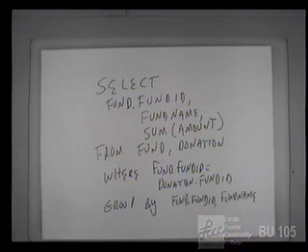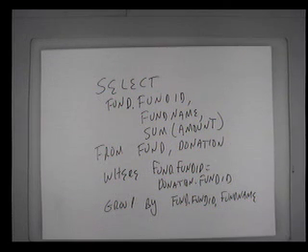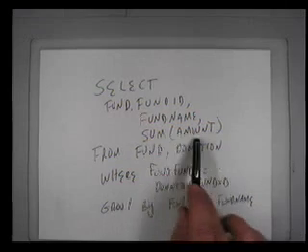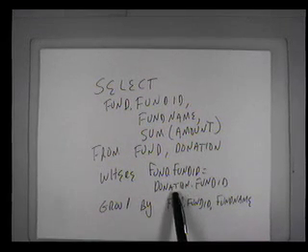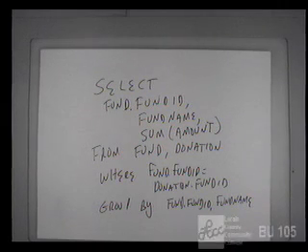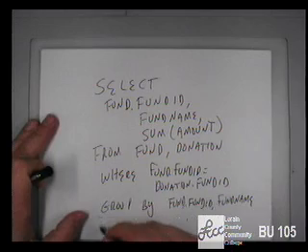If we want to only show those funds where the total donations are more than that, we can't put a where clause to say where sum of amount is greater than 10,000, because the where clause works on individual rows. What works on groups of rows is the having.